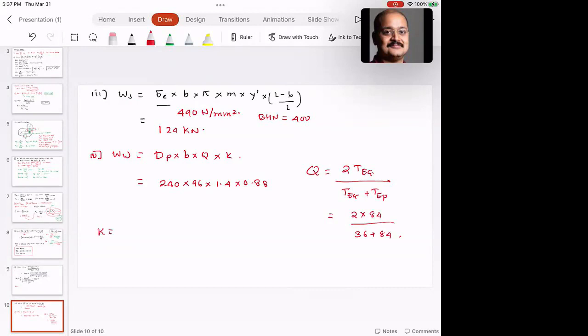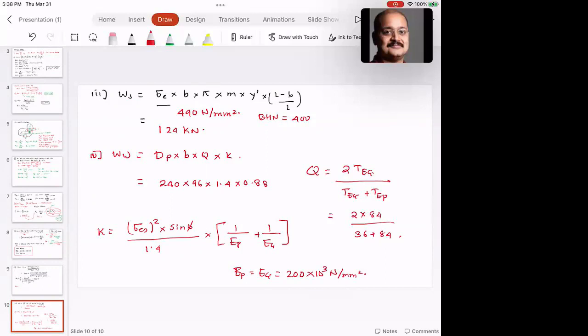K value is equal to sigma ES square sine phi divided by 1.4, times (1 divided by EP plus 1 divided by EG). Steel, so EP and EG are equal to 200 times 10 to the power 3 Newton per millimeter square.